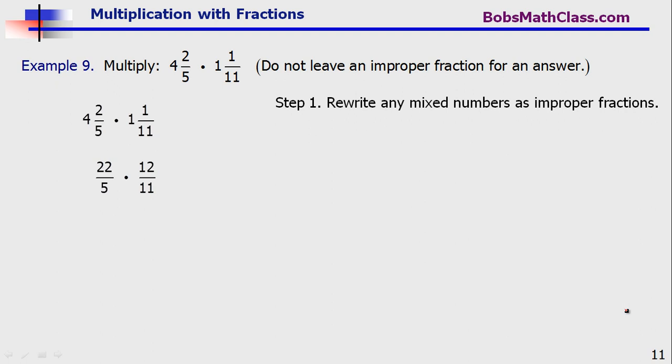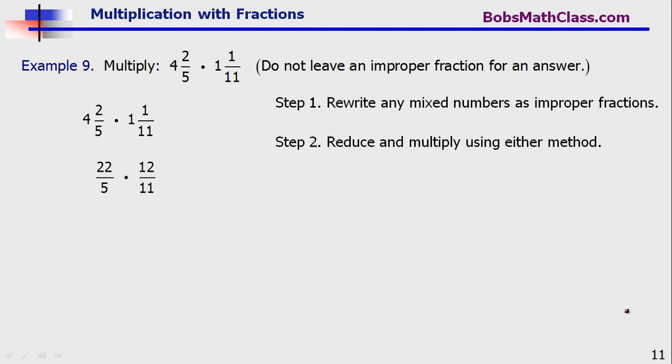Any reducing here? No, right? Oh, no, sorry. 11 and 22. 11 goes into 11 once. Well, let me backtrack a little bit. Sometimes you can't reduce, so don't expect that every problem has to reduce.